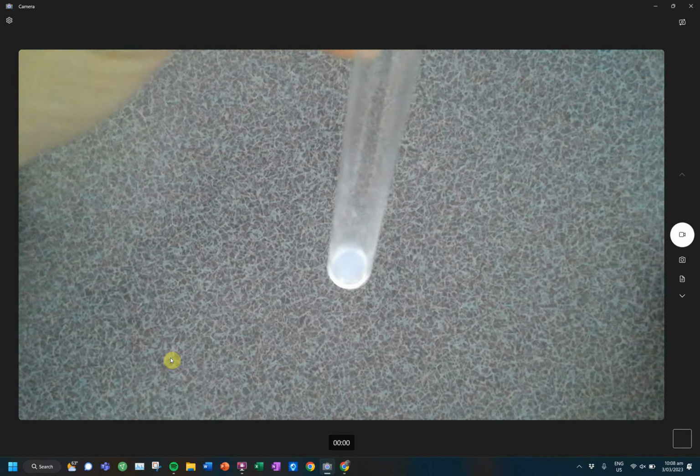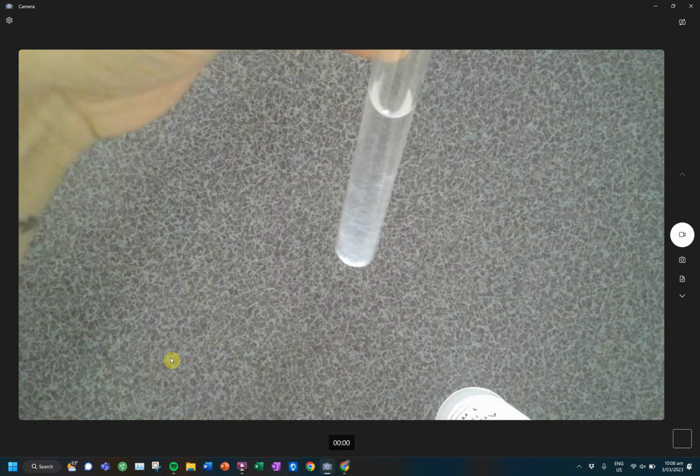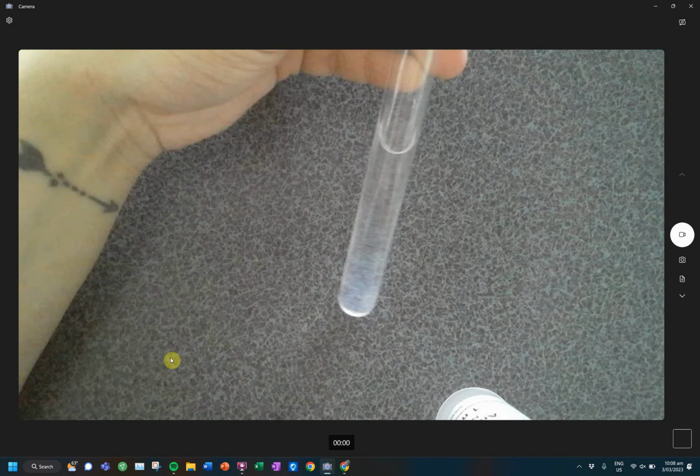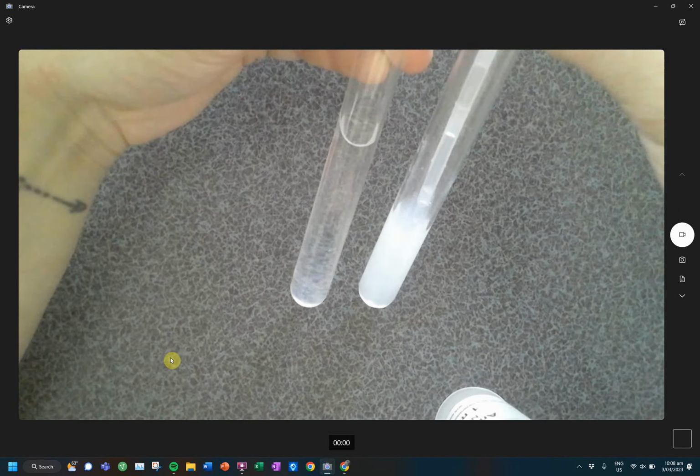So I've just added a little bit out. I'm going to add more ammonia to it and see. It does take quite a bit of ammonia to get it to dissolve. So that's why, it's still not even fully dissolved, but you can see that it's a lot less opaque than when it was over here. Okay? So that's what zinc would look like. So just FYI when you guys are checking.